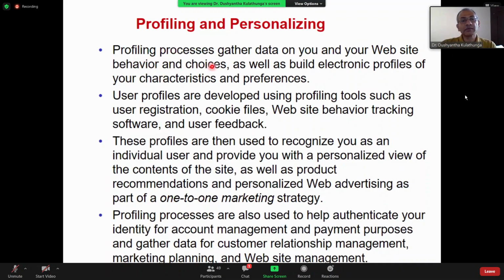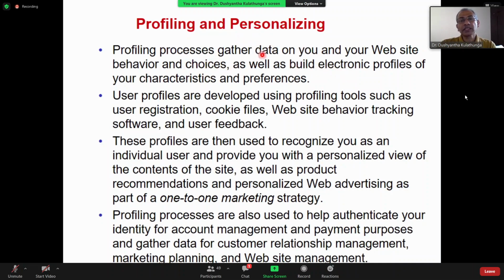Choices can also be included under behavior: what a particular user does when he or she comes to the website, and what he selects.